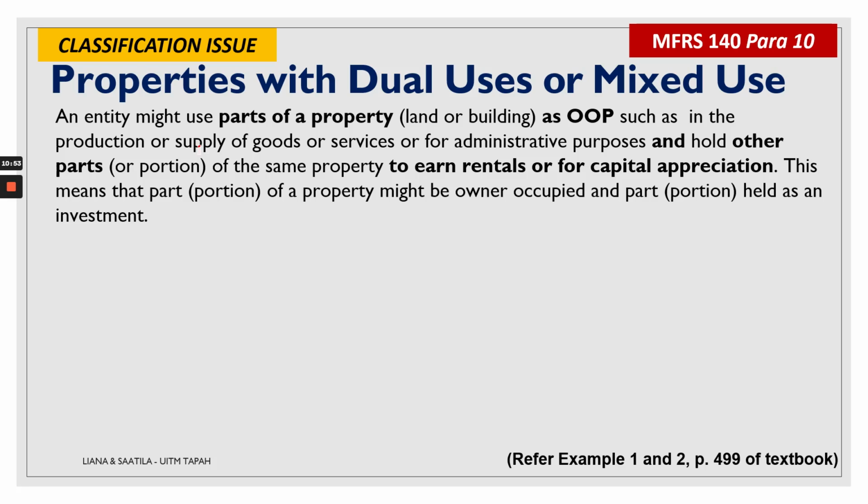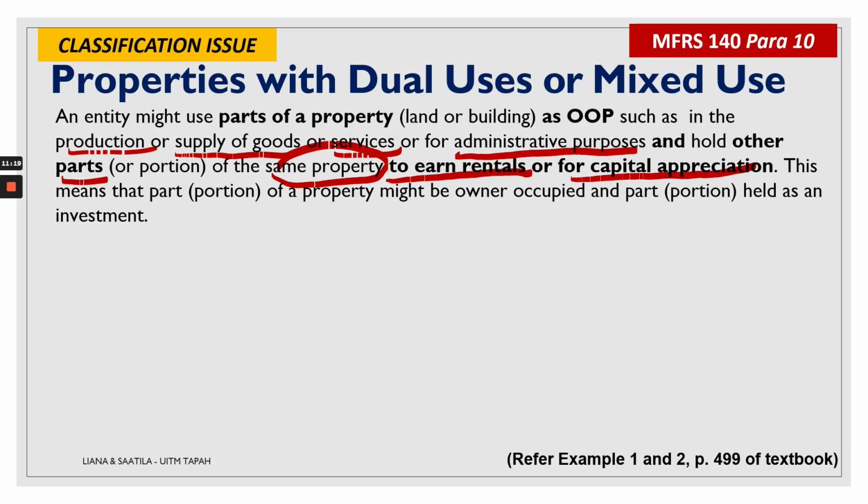So if you hold it again for supply of goods, in the production, which is the criteria for owner-occupied property, or for admin purposes, then you also need to notice if other parts of the same property are held for earning rentals or for capital appreciation.